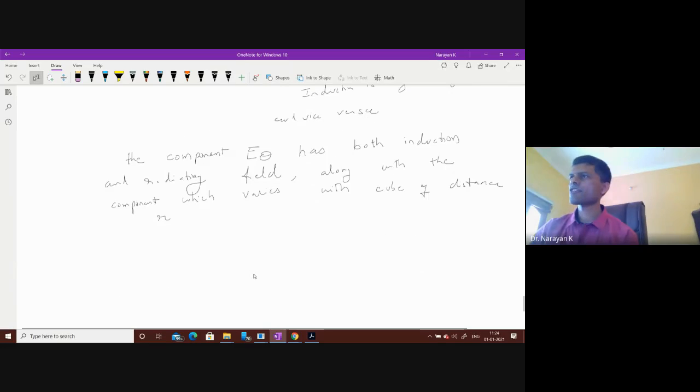This is called the electrostatic field, or simply electric field.